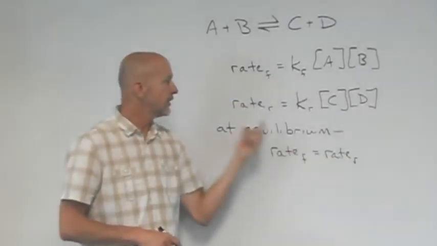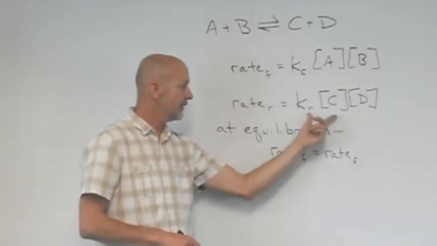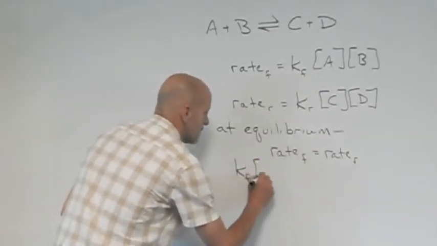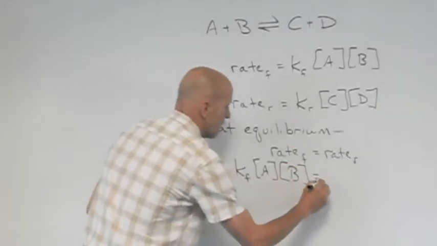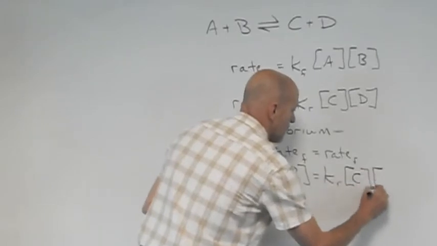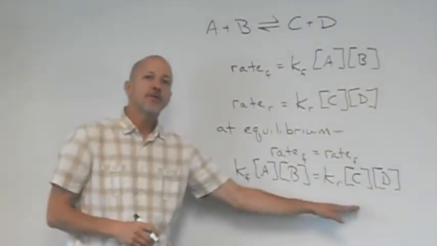So I'm just going to sub in, rate of forward is this, rate of reverse is this. And I've substituted that expression.